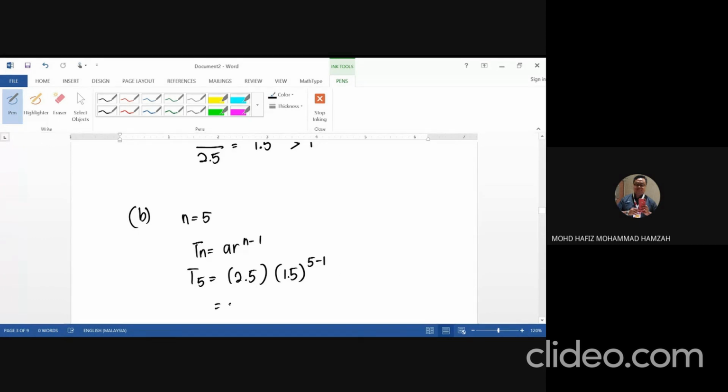Okay, so 2.5 darab dengan 1.5 kuasa 5 tolak 1, 4 dah kan. So 5.0625 darab 2.5, so you akan dapat 12.6563.